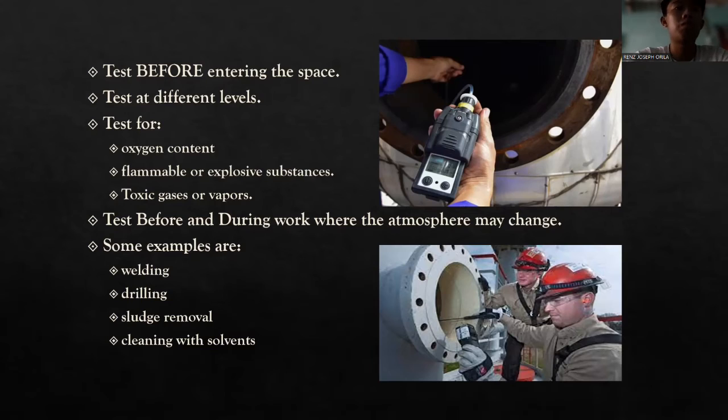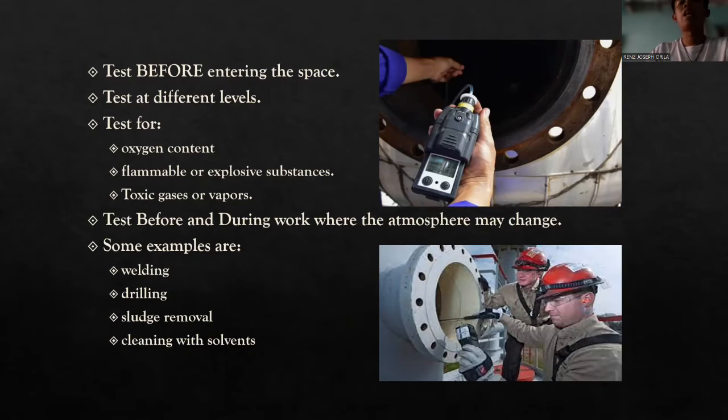Next is test before and during work where the atmosphere may change. Ayun. First and foremost, kailangan before napapasok yung isang tao sa isang confined space, kailangan mong i-check or i-test yung mga dapat i-test.